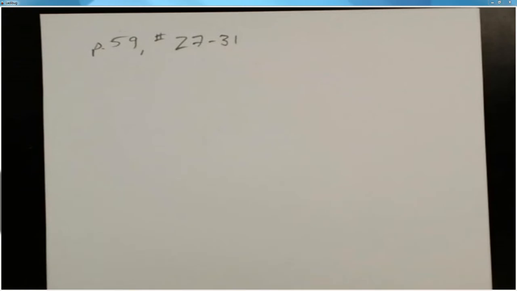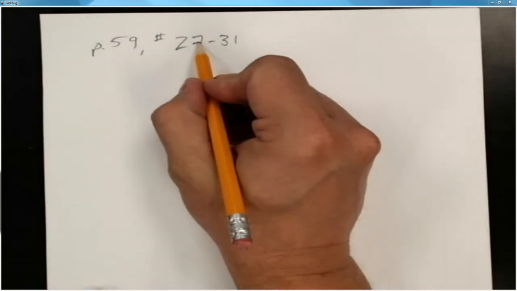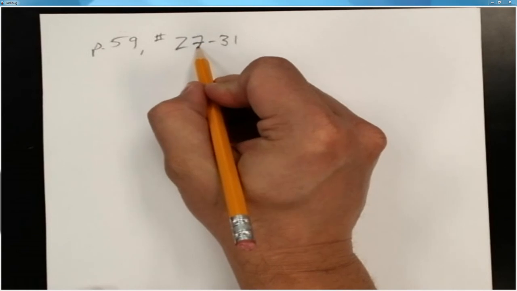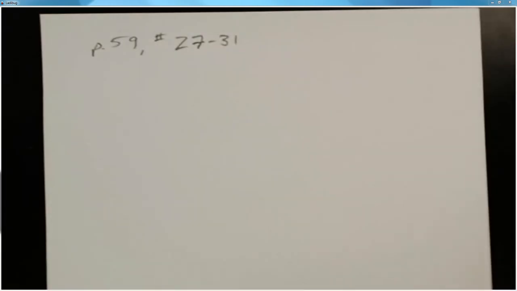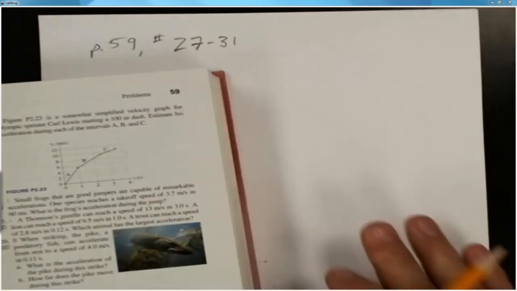I'm going to try to do this expeditiously, and you can pause and review at your own leisure at home. So let's take a look at these problems. First, page 59. Number 27.